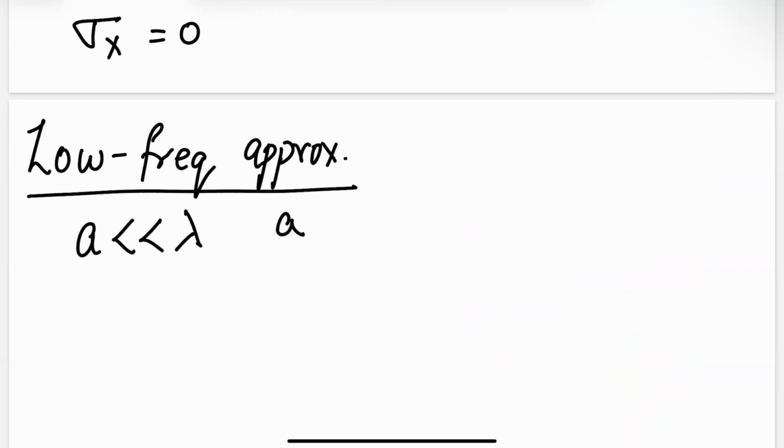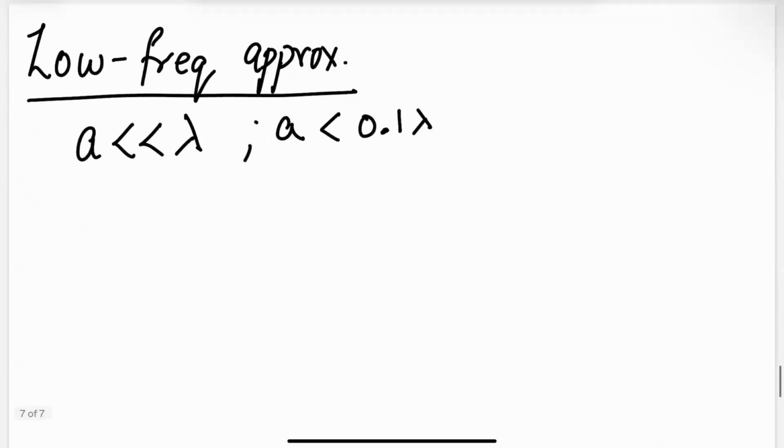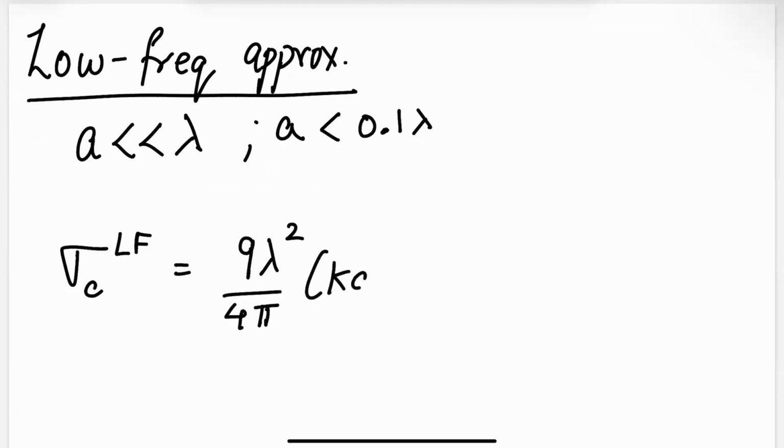So typically, you expect a to be less than 0.1 lambda, at least. Under this approximation, you can take the small argument approximation to the Hankel functions. And finally, you can show that the cross section in low frequency co-pol is 9 lambda squared over 4 pi times (ka) to the 6th.